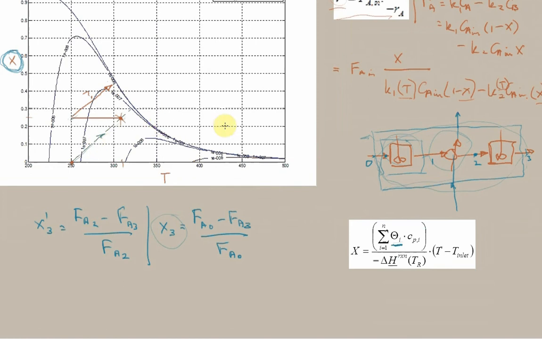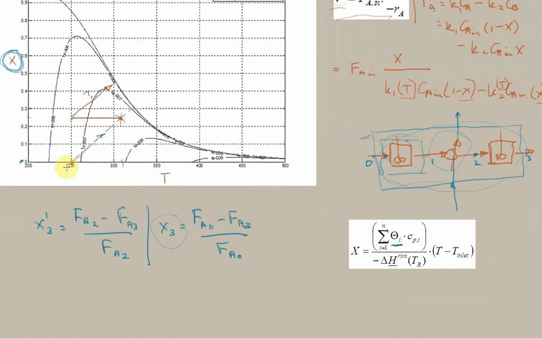So we could say, well, what if we were to remove the heat from the system before it even entered the train? So if we look at what happens between the two reactors, the temperature drops from this value to this value. If we take that same temperature drop and apply it just at the entry point, so let's say it was here, well, it's probably somewhere back here, right?